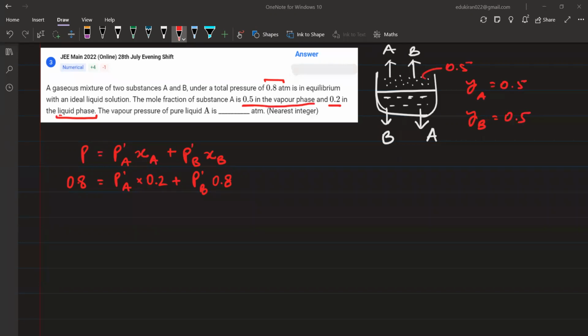अब यहाँ पे आप एक बात बताइए. That means both of these, A and B, दोनों के दोनों क्या करें? Same amount of vapors दे रहे हैं. Okay, they are giving same amount of vapors, है ना?